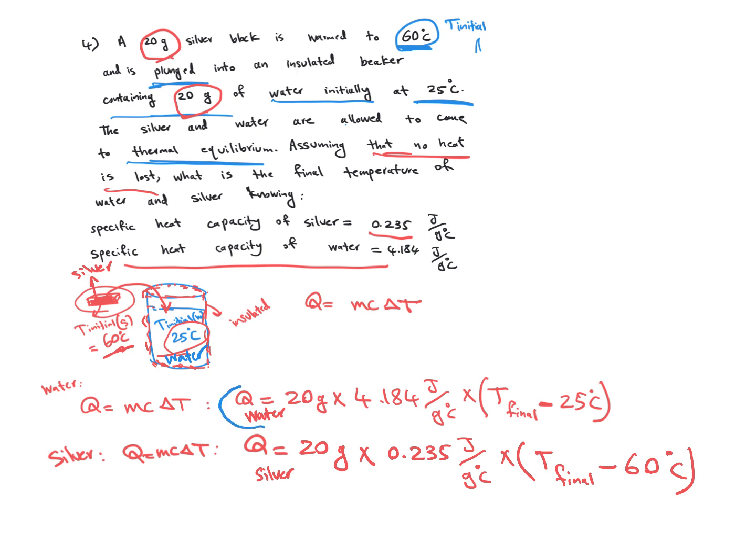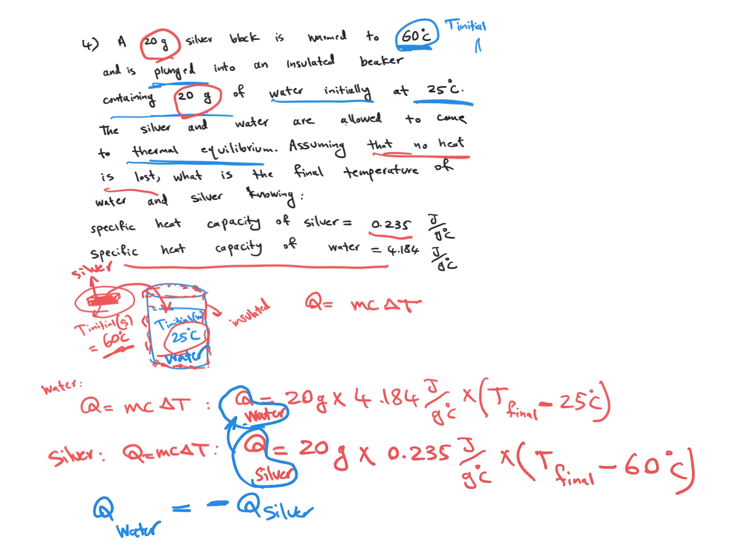So this Q that silver gives to water equals the Q of water. So basically some thermal energy is being transferred from silver to water. And the heat that is being released from silver goes to water. So Q of water numerically equals Q of silver, but they have opposite sign.